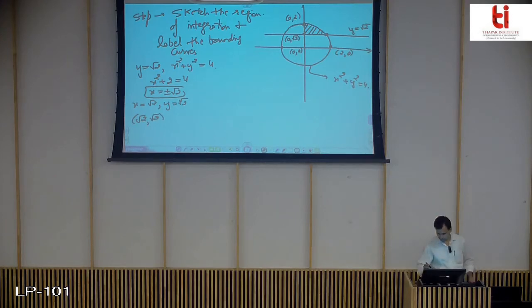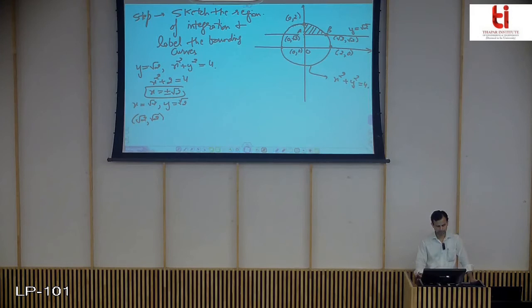Here this is O, this is A, this is B. Let me write it properly here. Yes, done. We have now labeled the bounding curves.